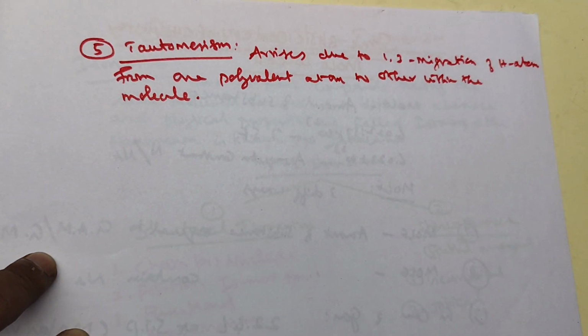Those isomers that exist in dynamic equilibrium with each other are called tautomers, and the phenomenon is known as tautomerism.